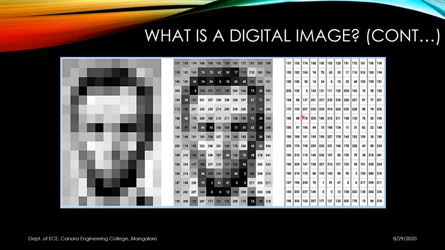At any particular instant of time you have one amplitude, but in an image there is no timing content, so we have spatial information. That means the value on the x-axis and y-axis, and for a particular x and y coordinate, what is the amplitude. So an image is a two-dimensional signal.